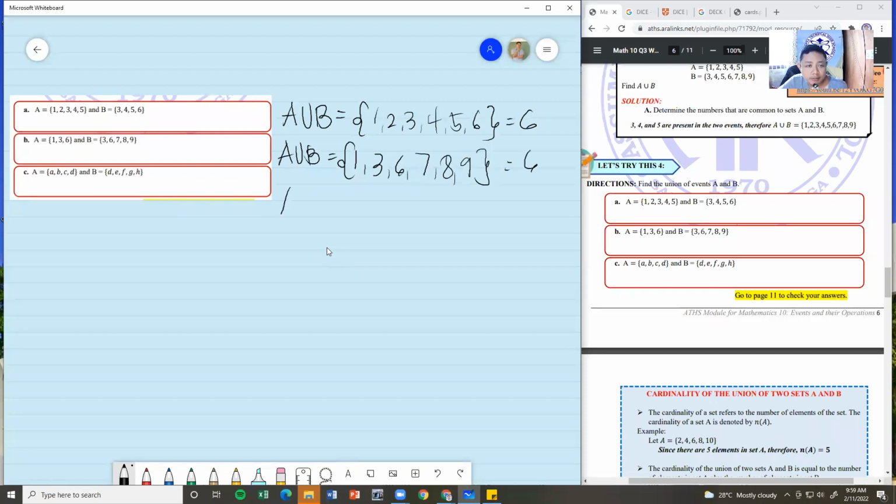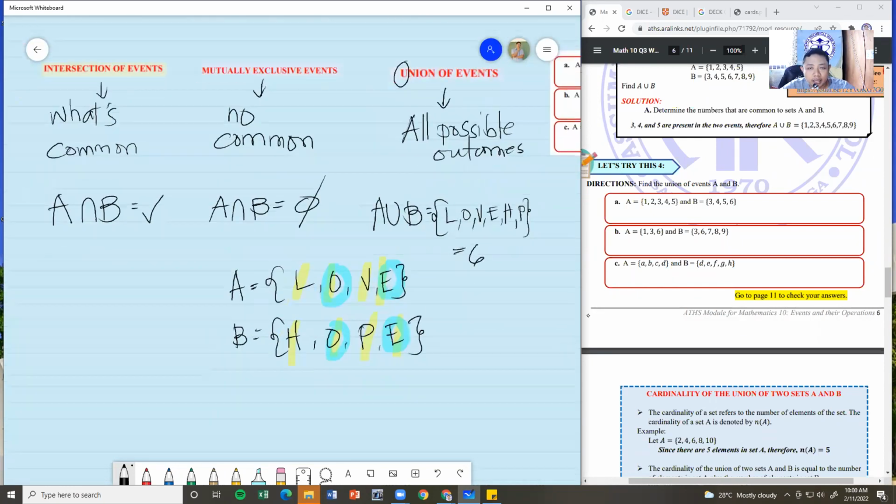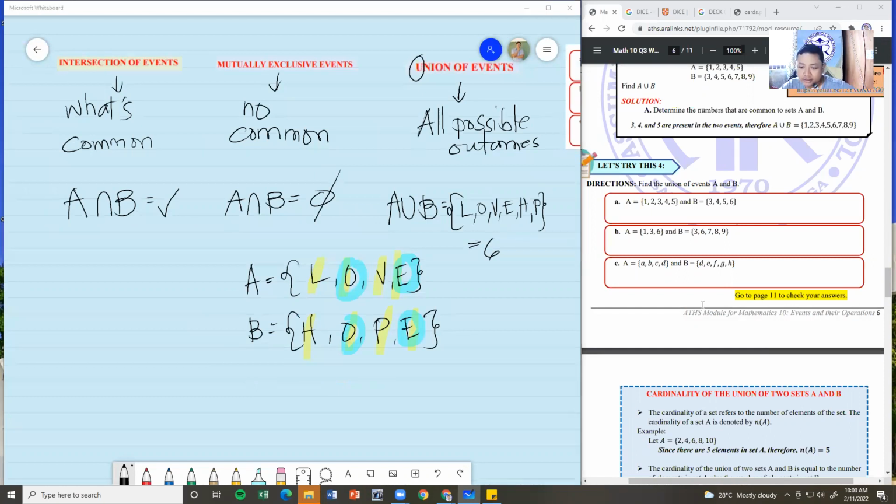What about in the letter C? What's the union of A and B? Okay, very good. So we have A, B, C, D, E, F, G, and H. And they are equal to 8. That's it. That is the concept of the union of events. Show me a reaction if that's clear to you. Very good. See, so simple.